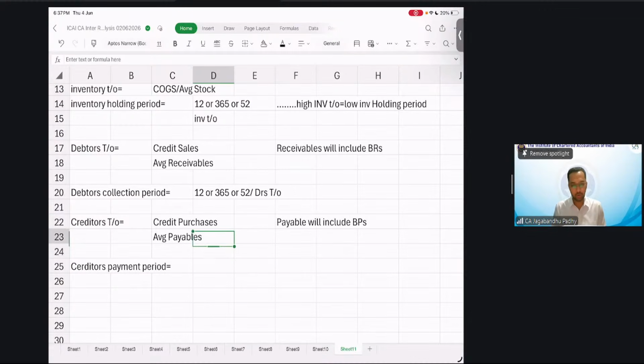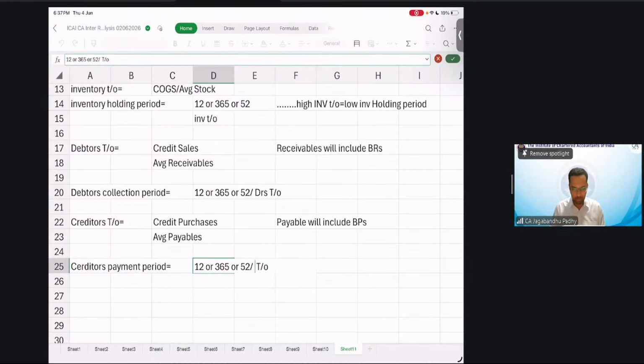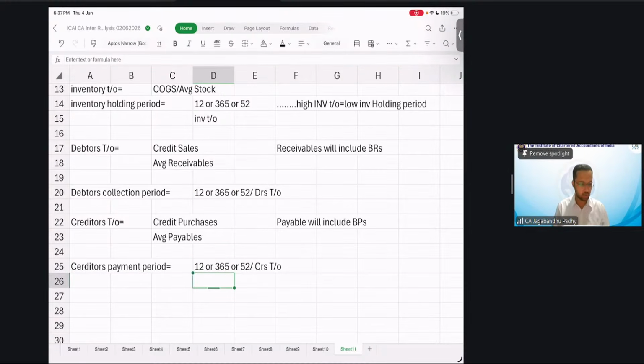Yes, it's going to be 12 or 365 or 52 divided by creditors turnover.